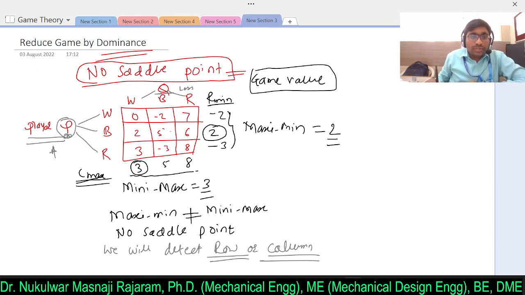So here we will reduce either a row or a column. We need to check each and every point with respect to the other column or row.